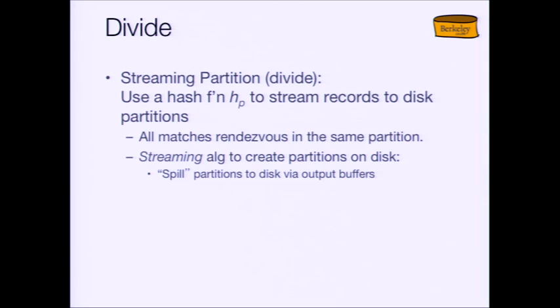So it's very coarse-grained. It's going to be modulo some not that big number, right? All the things that HP hash modulo that number matches are going to go into a partition on disk. That's not ordered, not hashed, not anything. It's just all the things where HP equals, say, 2 will be stored together. It's a very coarse-grained hash function. And we're going to use a streaming algorithm. We're going to read in records and write them out to the appropriate hash partition as they stream in, in one pass of the file.